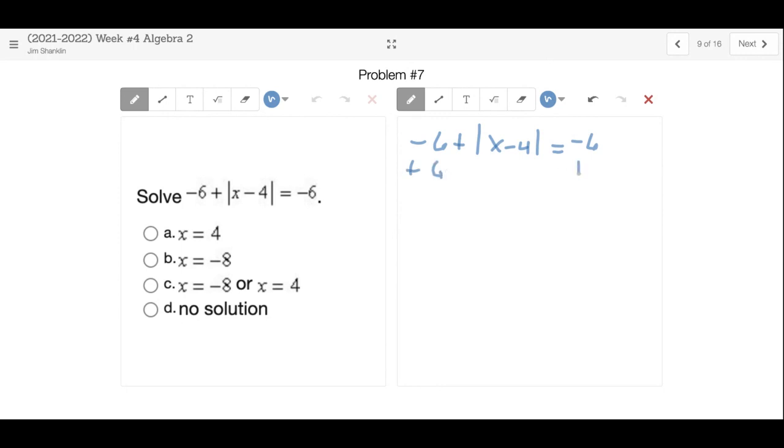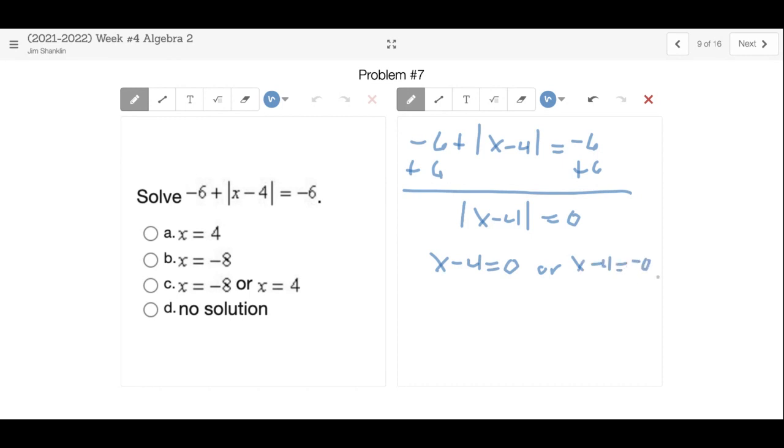Now, just because it becomes 0 over here doesn't mean there's no solution. I still have the absolute value of x minus 4 is equal to 0. That 0 is a number. Well, I can deal with that. Okay, we get 0. But now I have it isolated. So I'm going to rewrite it as 2 separate problems. I'm going to rewrite it as x minus 4 equals 0, and then I have to solve that, or x minus 4 is equal to -0.